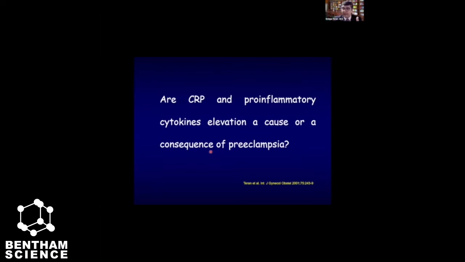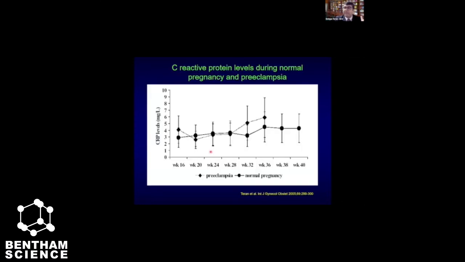Following that, we decided to do an interesting study to measure CRP during the whole pregnancy, in women that later developed preeclampsia and those that remained normal pregnant women.